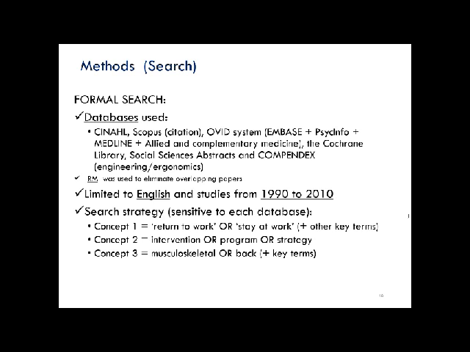And we used a reference manager to look for overlapping papers. We limited to English studies, and we looked at all the studies on return to work interventions for musculoskeletal disorders, using a combination of the concepts listed there. And we searched from 1990 to 2010.